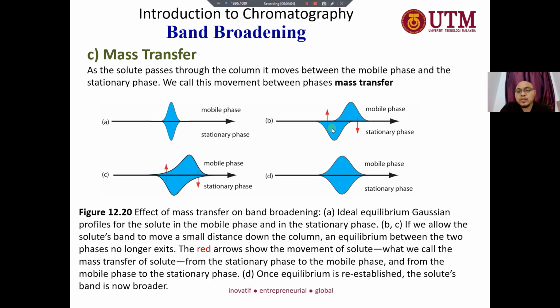So they try to achieve equilibrium again. Analytes from the stationary phase will try to move to the mobile phase, and from the mobile phase will move to the stationary phase. When equilibrium is achieved back, the peak of the analyte becomes broadened.